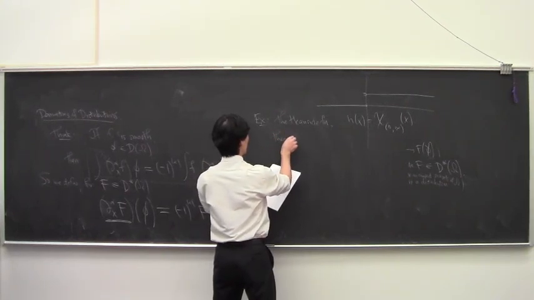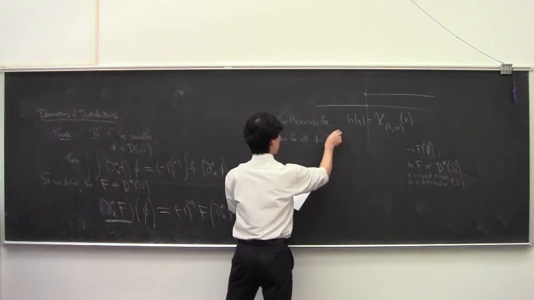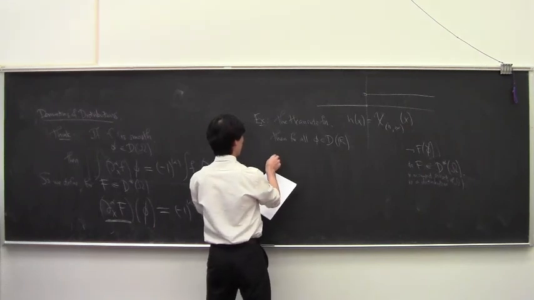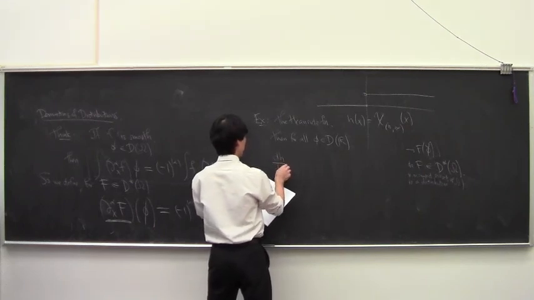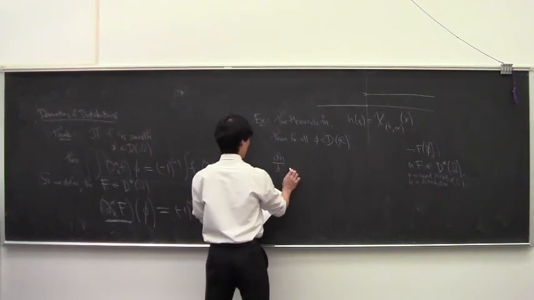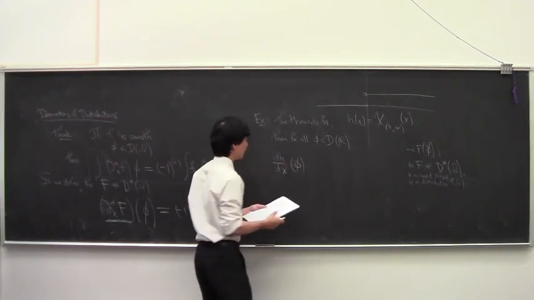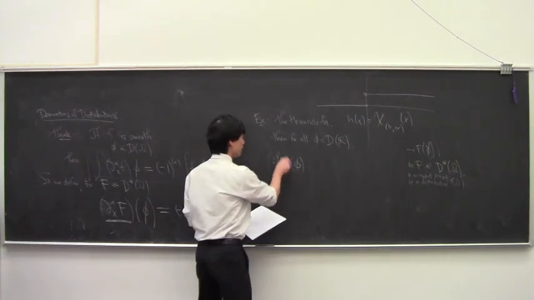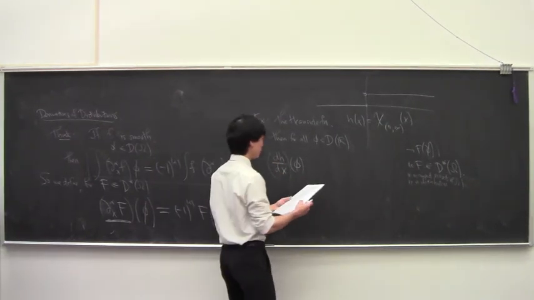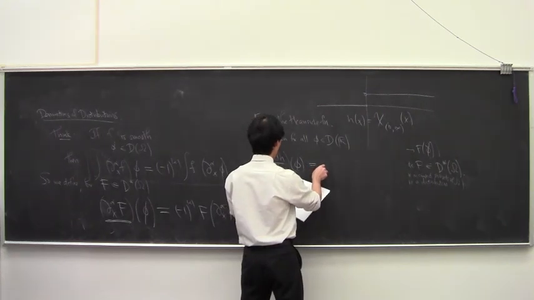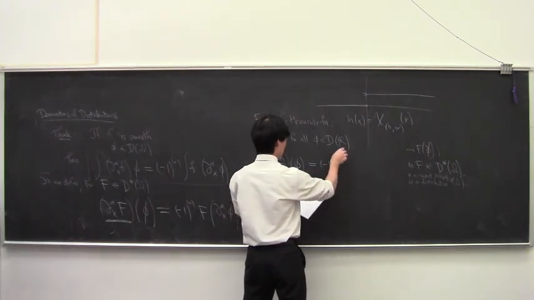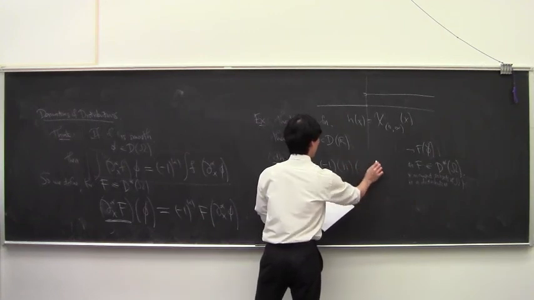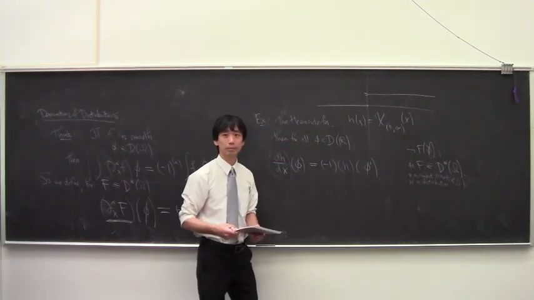Then for all phi in the test class, what's the derivative of this function? The way the derivative acts on the test function is -1 times the Heaviside function acting on the derivative of the function.